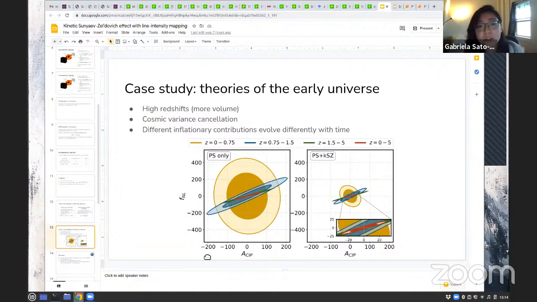If we do limit, for example, if we fix A, these constraints are shown in our paper, and you do get a much better constraint than shown in this plot. And so for these very futuristic experiments, we do get to order unity for sigma FNL.